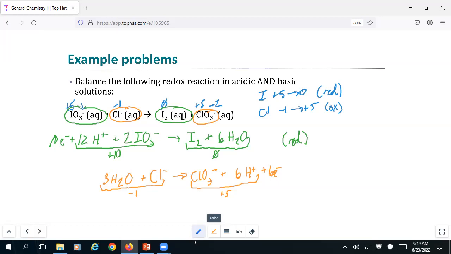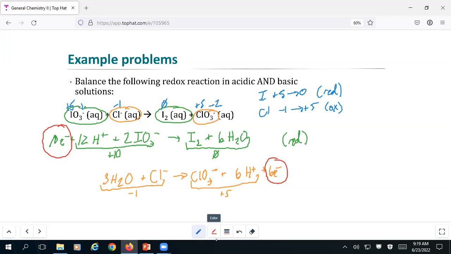Now I have 2 balanced half reactions. I need to combine them together. But I can't just simply add them together yet, because I can see very plainly that this first process is going to require 10 electrons, but the second process is only going to give me 6. There's an imbalance there.